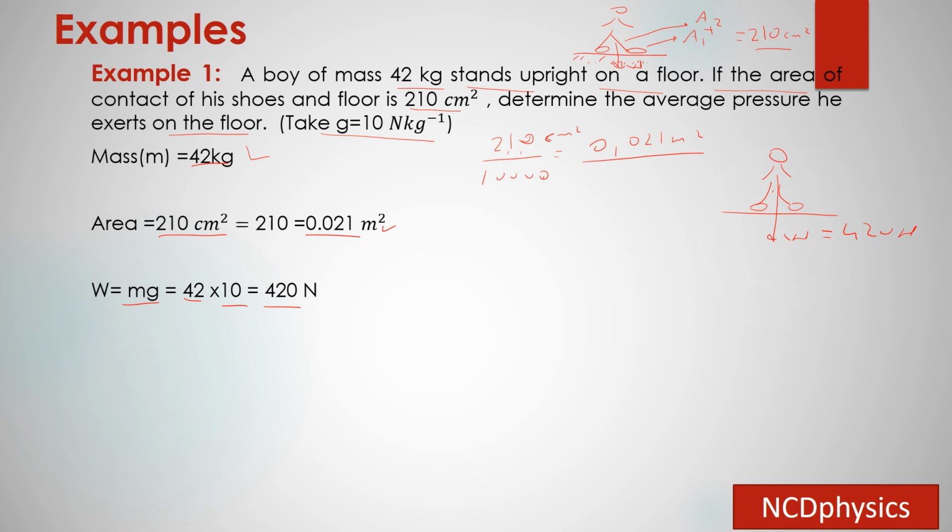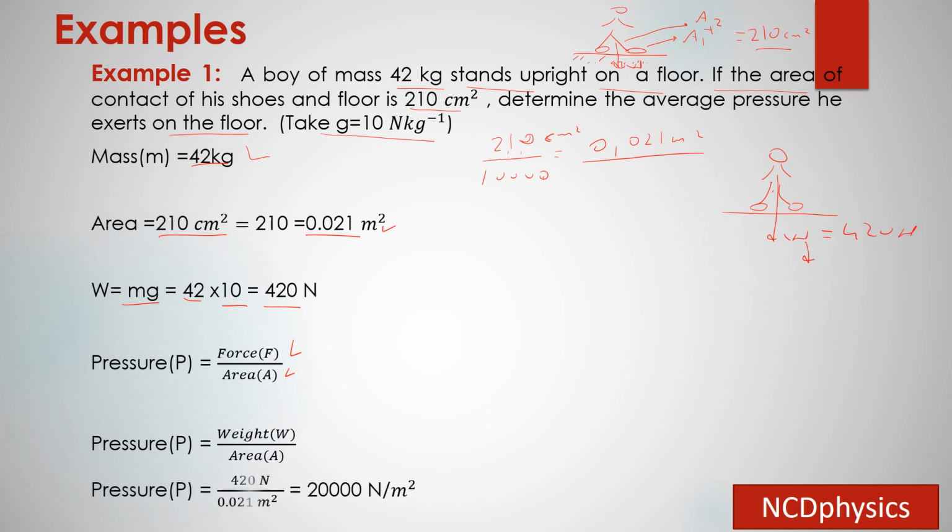Then let's apply the formula. Pressure is equal to force over area. Here the force we have is the gravity force, which we can say is weight. So weight over area. The weight of the boy is 420 Newton, and the surface area is 0.021 meter square.